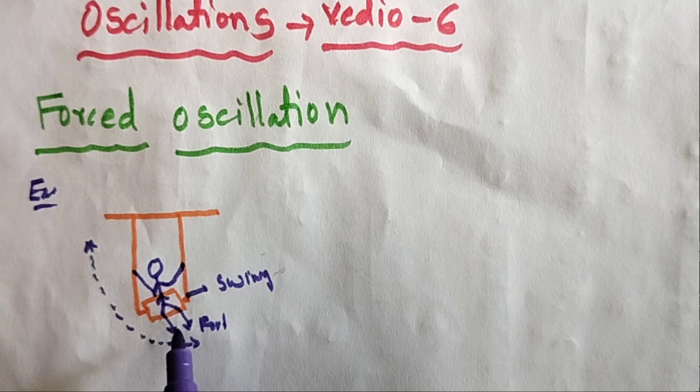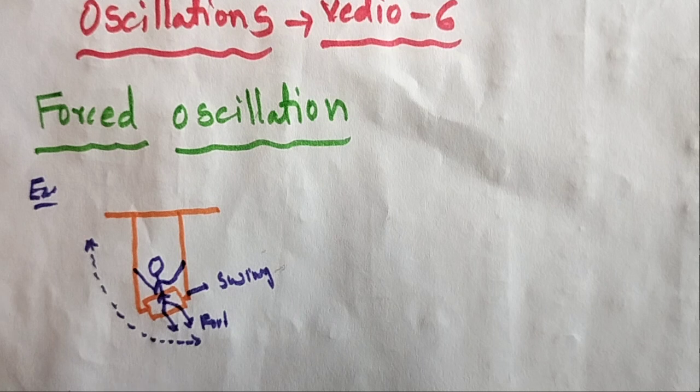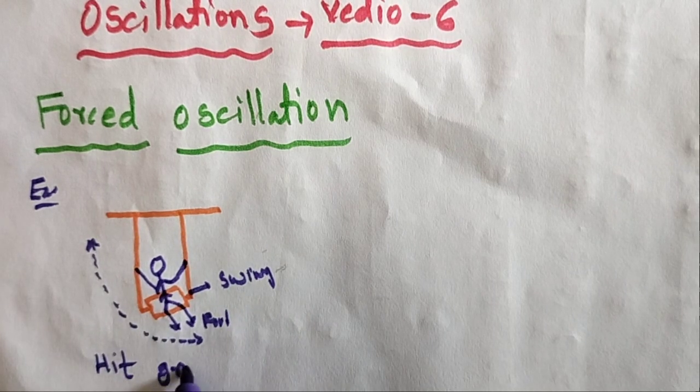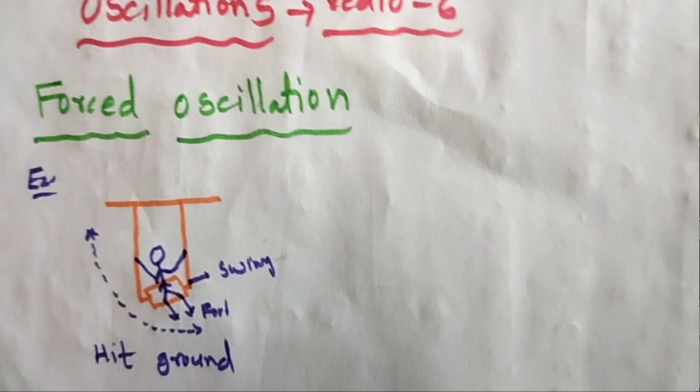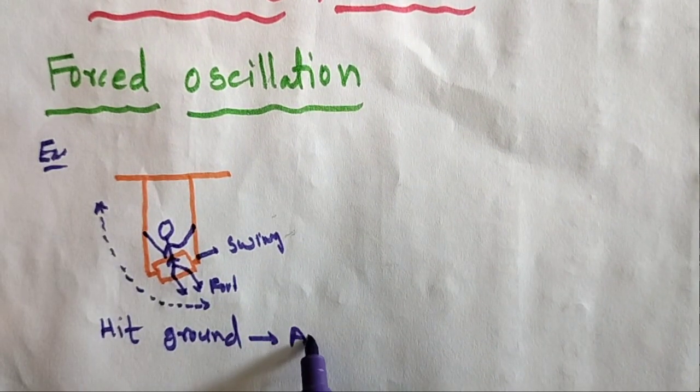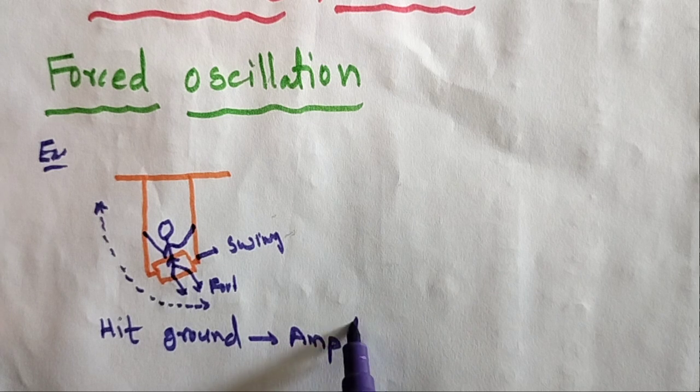When the person hits the ground, the swinging amplitude will increase.